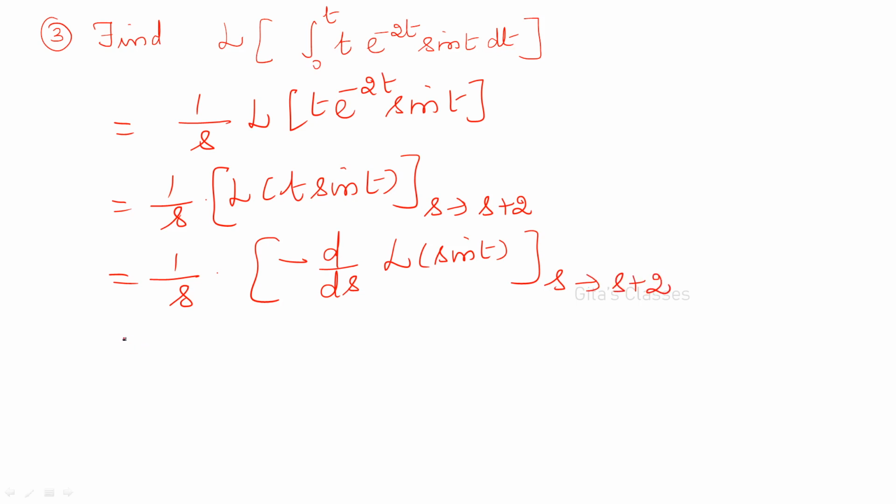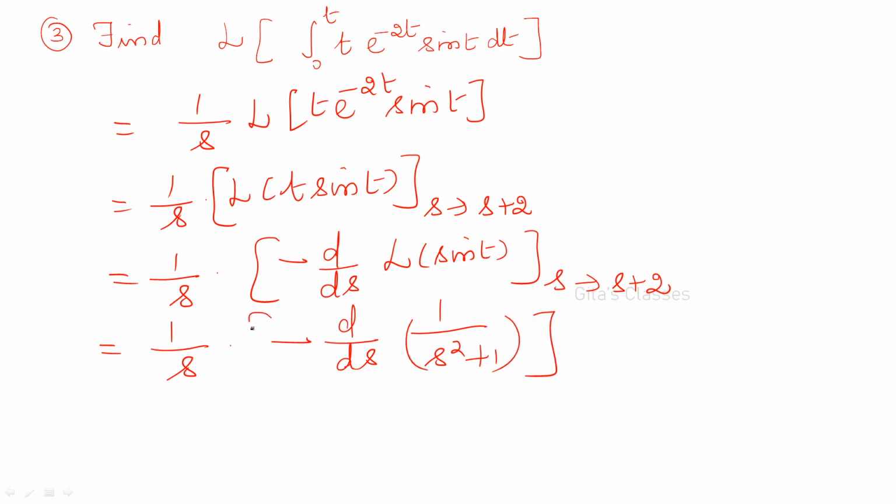You keep on removing one by one. 1 by s into minus d by ds of L of sin t is what? 1 by s squared plus 1, in which s should be replaced by s plus 2. That is equal to 1 by s into minus d by ds of s squared plus 1.